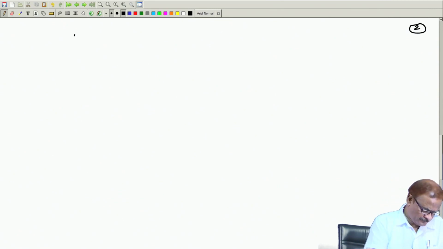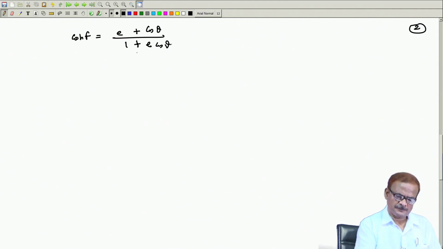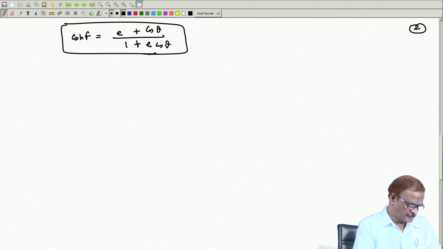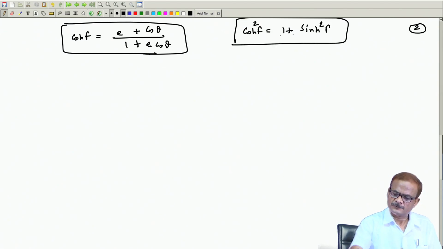Along the same line, cosh f can be written as e plus cos theta divided by 1 plus e cos theta. You can check this yourself, this is left as an exercise, where we have used the fact that cosh square f equals 1 plus sinh square f. You can use this equation and get to this result.